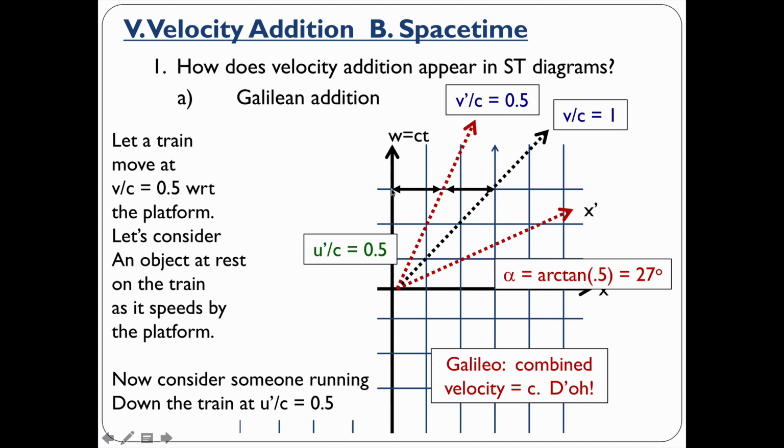You would simply add this angle to that angle and get the speed of light. You cannot do that, right? So why does this not work? Or what's the fix? Well, you notice that we basically try to add these velocities straight across.